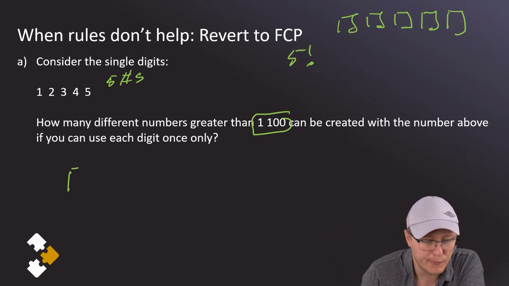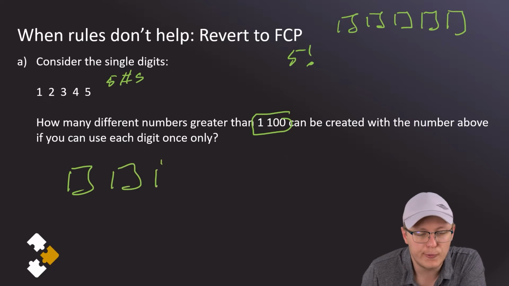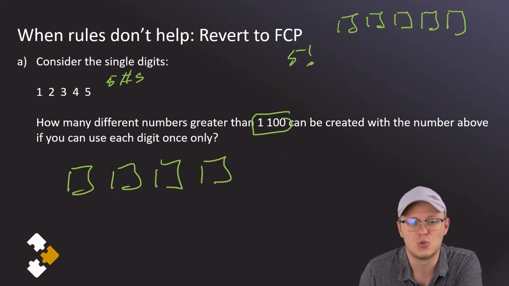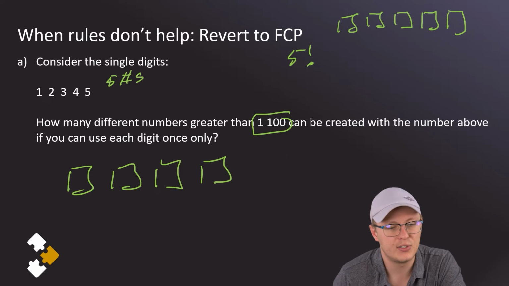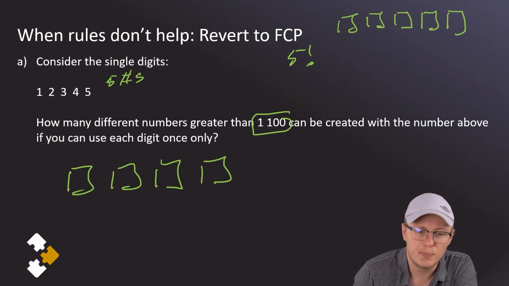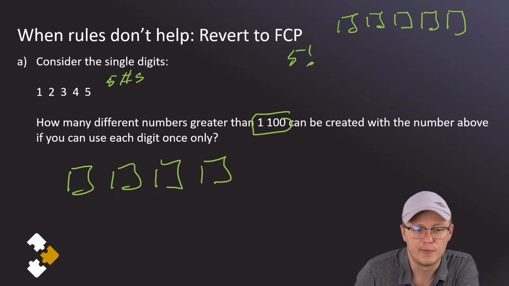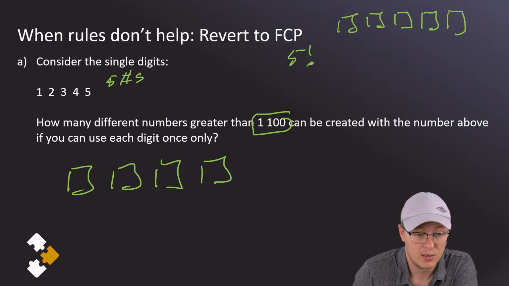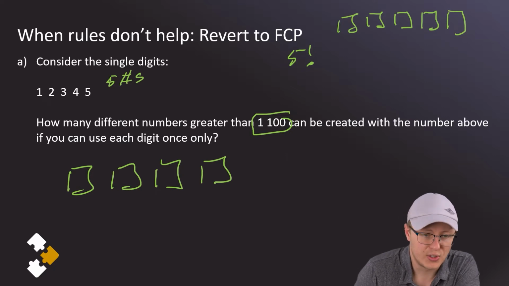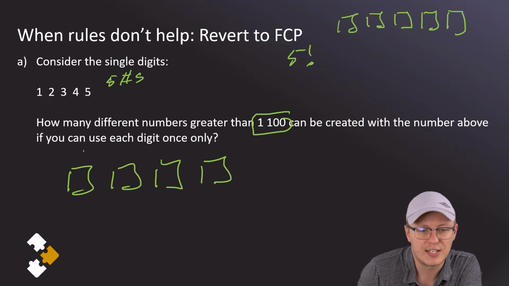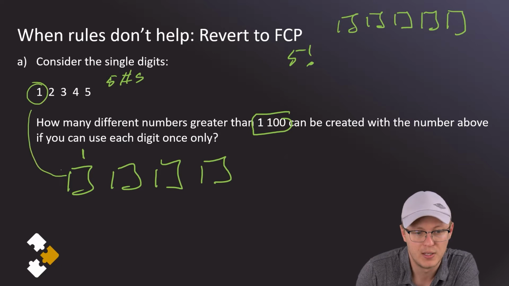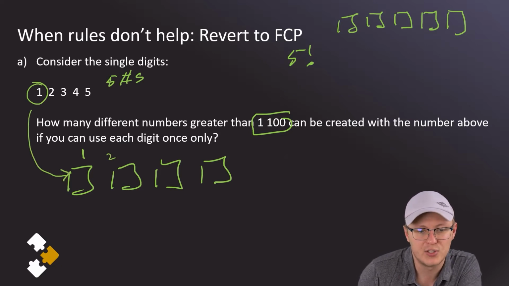To look at the 4-digit numbers, in order for it to be greater than 1100, we need to think about what the possibilities are for this first column. If we, for example, select the number 1 and put it here, then the next digit is automatically going to be a 2, a 3, a 4, or a 5.